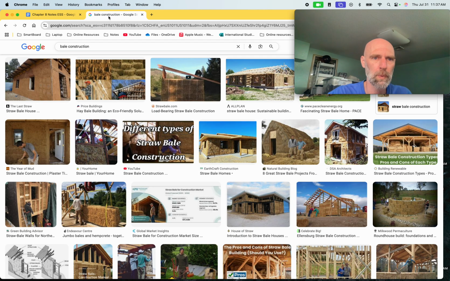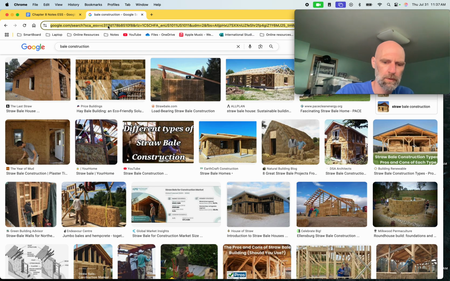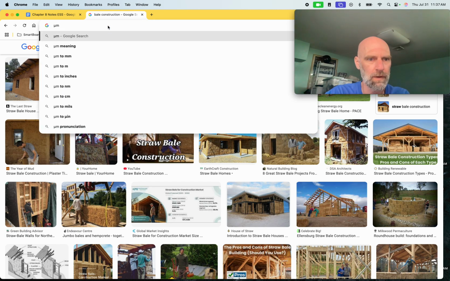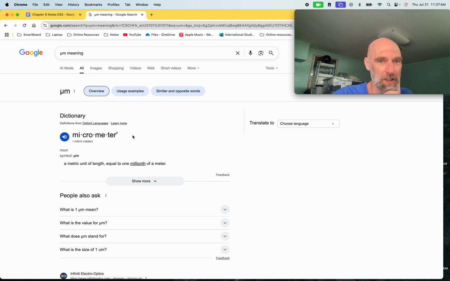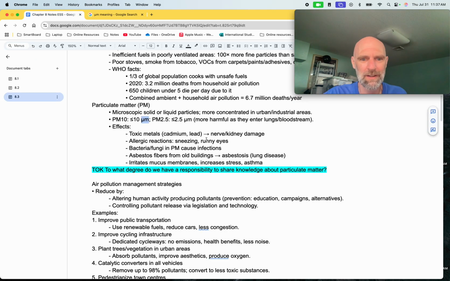Micrometer. I was right. Good. All right. Less than or equal to 10 micrometers. Particulate matter 2.5, less than 2.5 micrometers, is more harmful as they enter lungs and the bloodstream. So, yeah, the smaller they are, the more harmful they are.